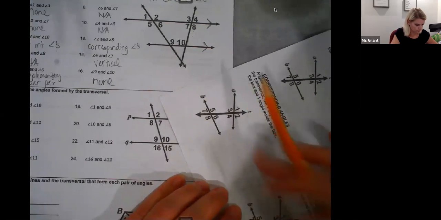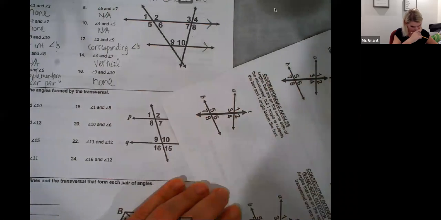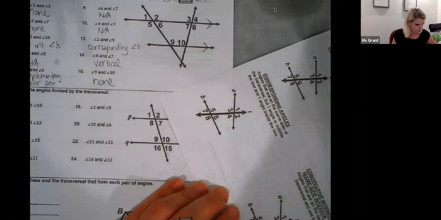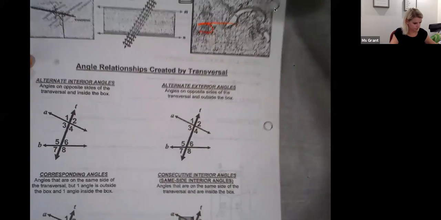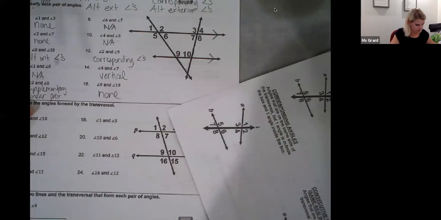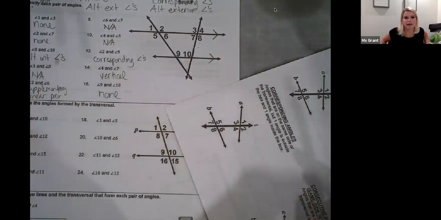What's it called? You can look at the top of the paper. 7 and 10 are on the transversal. Are they on the same side? Are they alternate sides? They are on the same side, because here's the transversal.